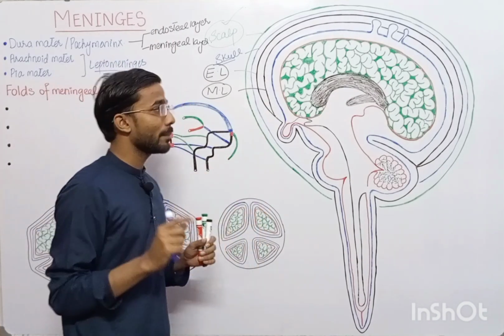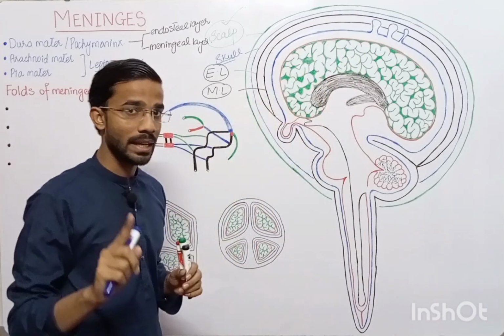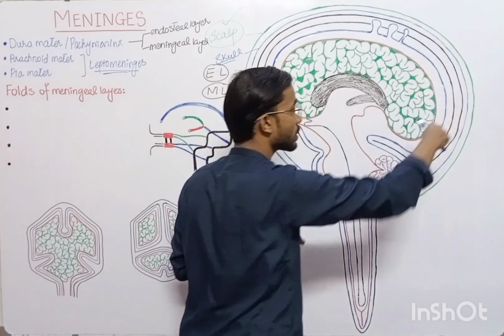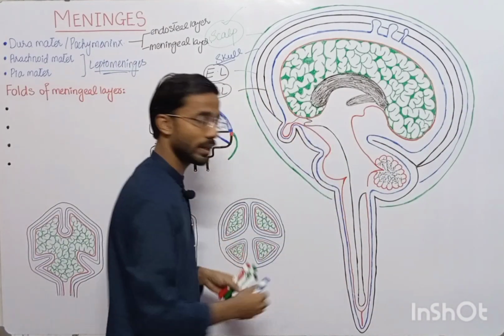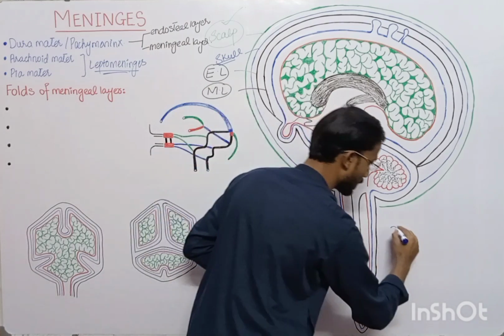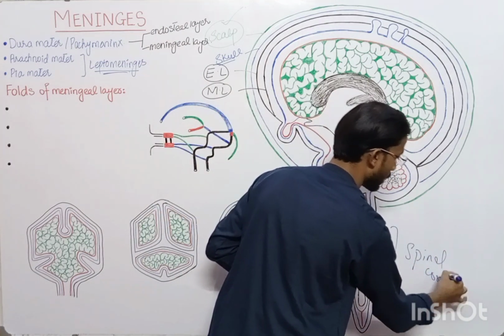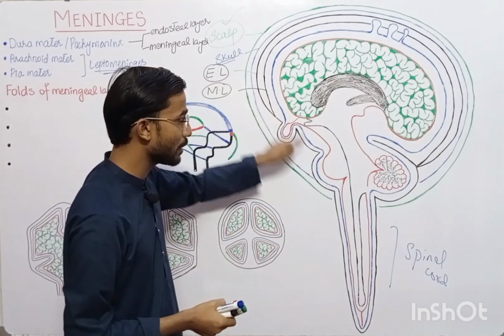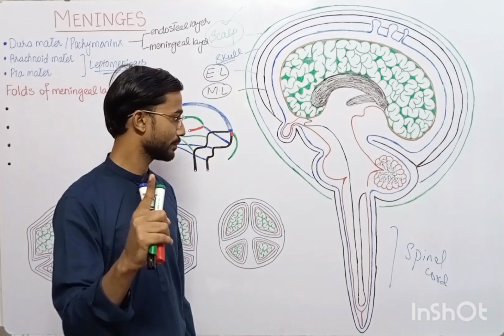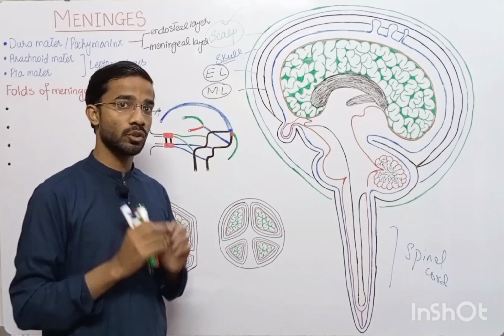But keep in mind, these two membranes are separated only at certain areas. Here this covers almost all the brain. But when it moves downward into the spinal cord, here is basically the spinal cord, when it moves towards the spinal cord, then they fuse and form a single layer. Right? So these are the layers of the dura mater.